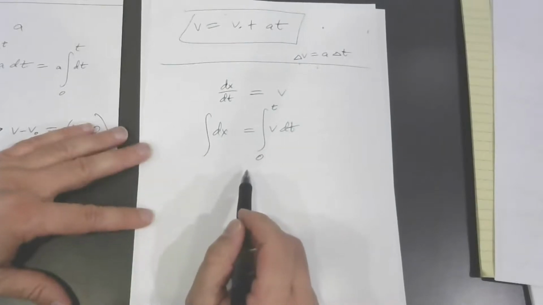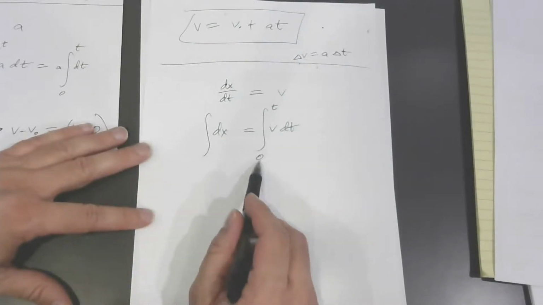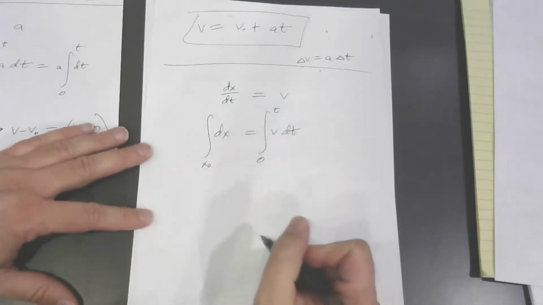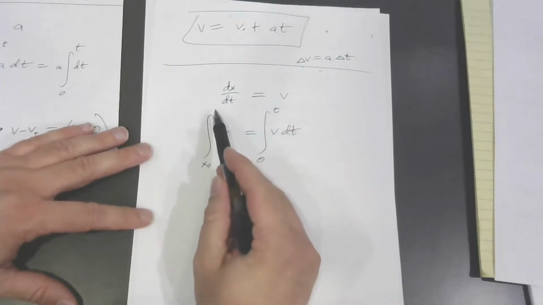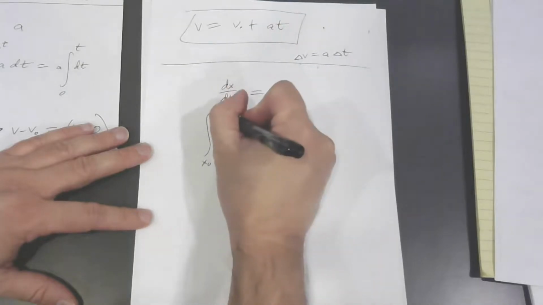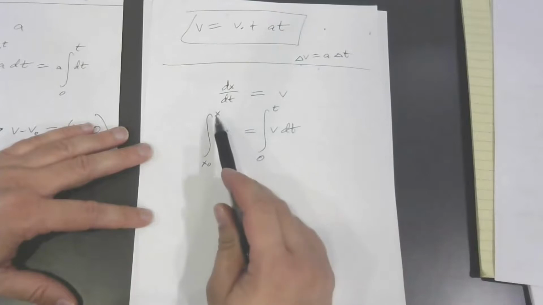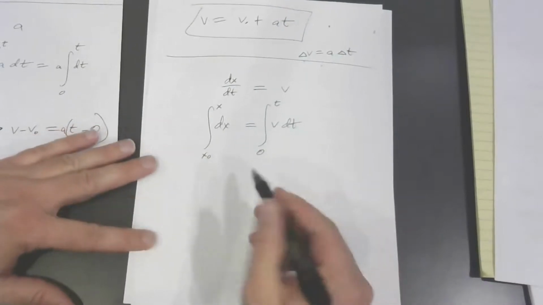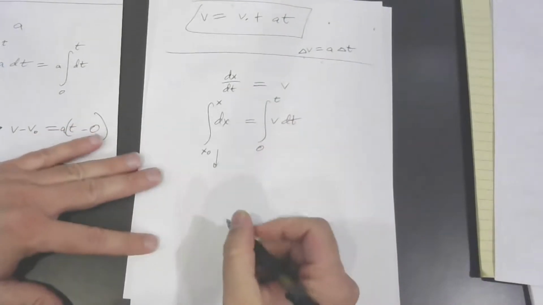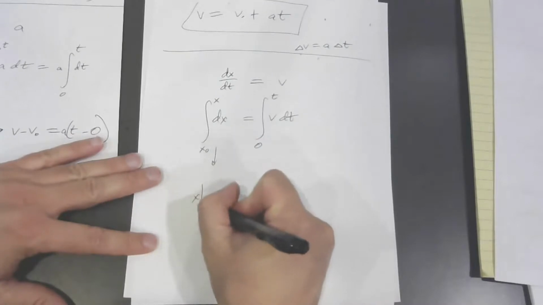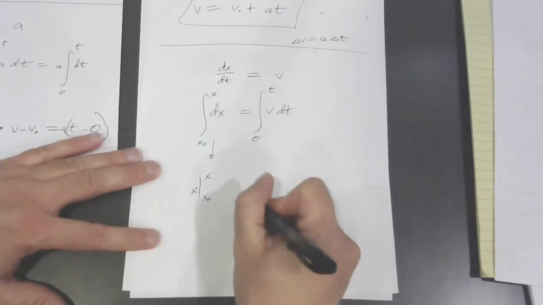So the most natural name for the position at time 0 is initial position, and the most natural name for the final position at time t is just x. Again, that's a faux pas. We're not really supposed to be using the same variable here. What's the antiderivative? The integral of dx is just x, evaluated at upper and lower limits.